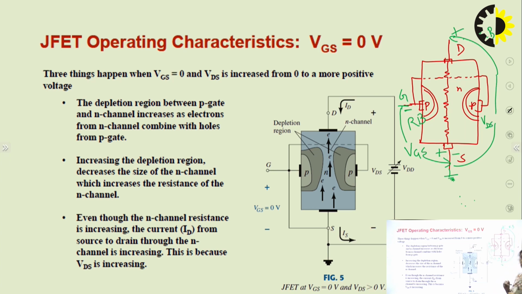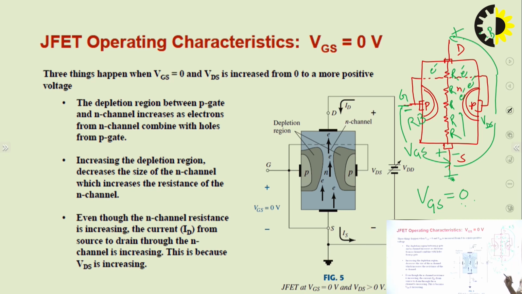Now, because we are assuming that the material of the substrate has uniform resistance throughout the substrate, when we apply VGS equal to 0, that is, no voltage at the gate to source terminal, and we are only applying some positive voltage between the drain and source, as we increase this voltage, it will attract the electrons towards the drain terminal.